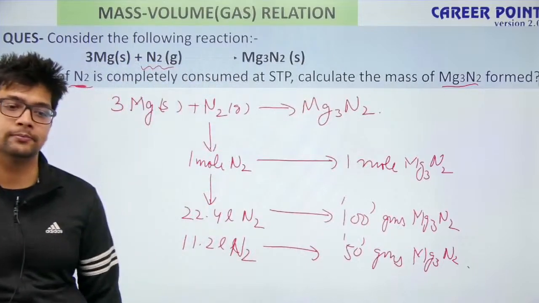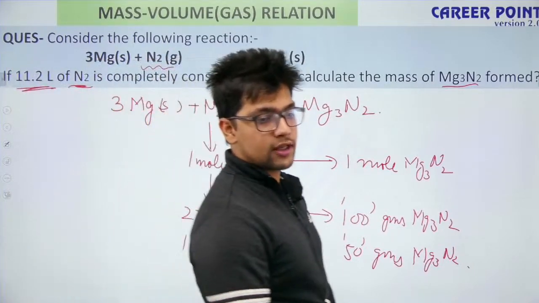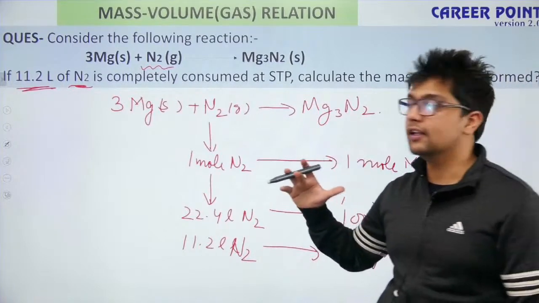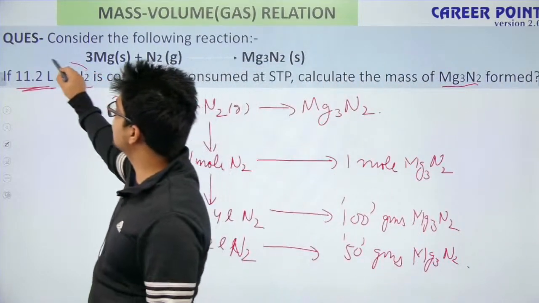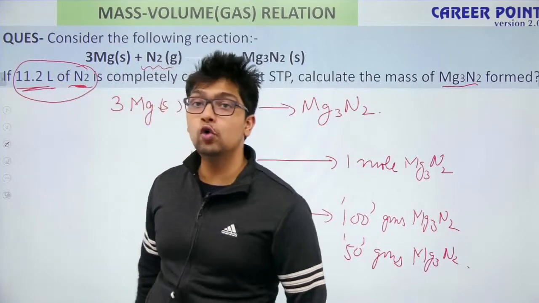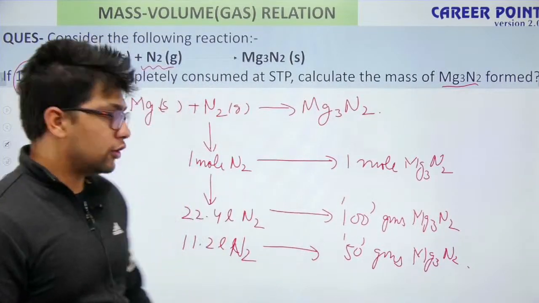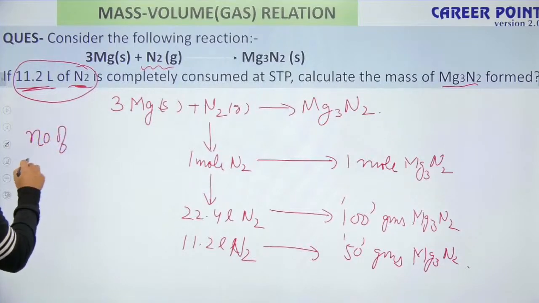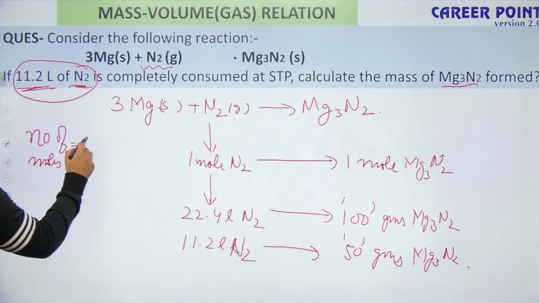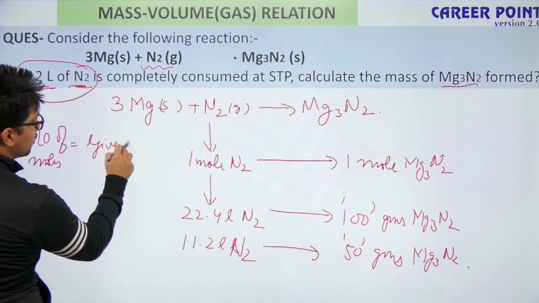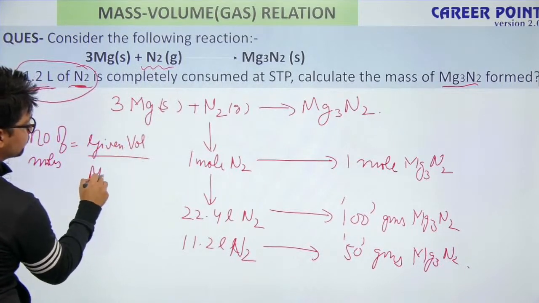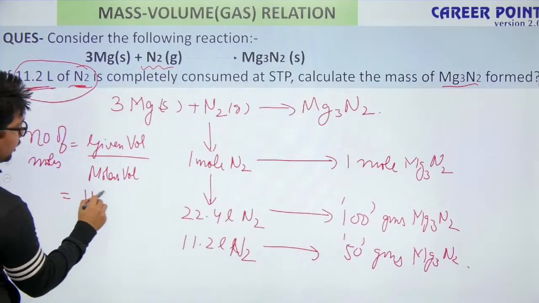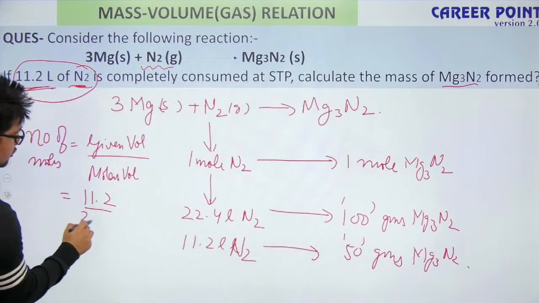Is this clear? In previous classes, moles were given in the question. Even right now, moles were given. Look at this data: 11.2 liters of nitrogen. If they have given 11.2 liters of nitrogen, you know that the number of moles is given volume upon molar volume. The given volume is 11.2 upon the molar volume 22.4.